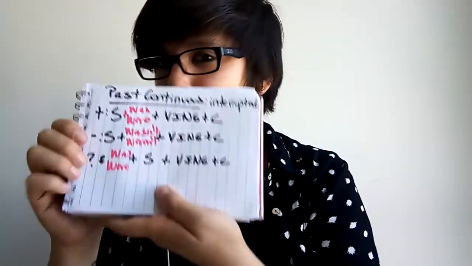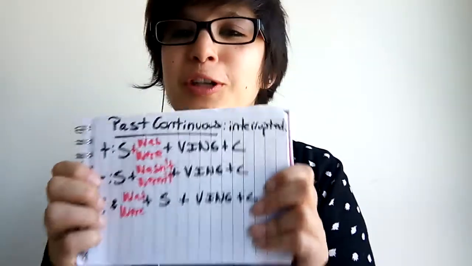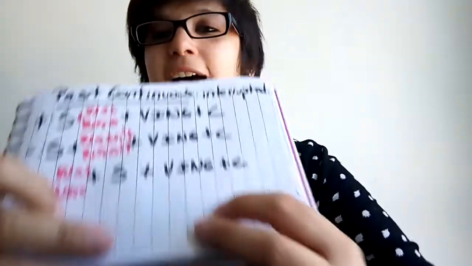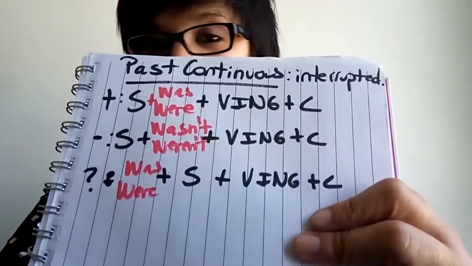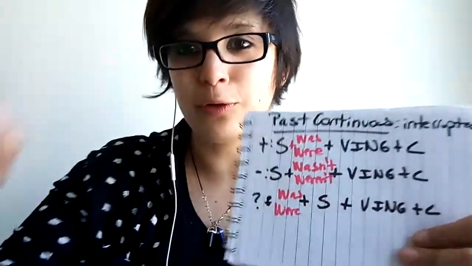On the other hand, we have the past continuous. The past continuous, we are going to use it when we talk about an interrupted action, okay? And as you can see, the same as the past simple, we have three forms.